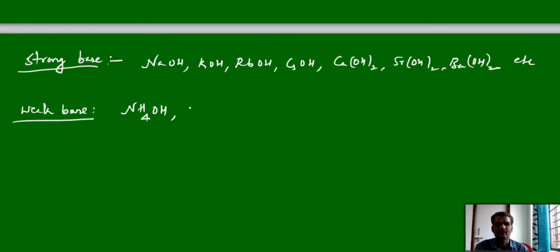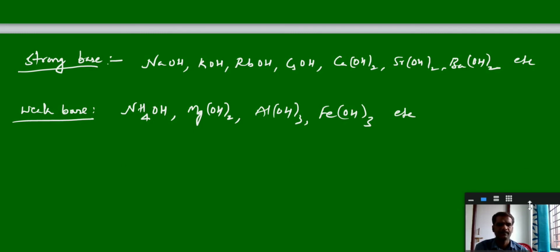Apart from this, you can go with magnesium hydroxide, some other aluminum hydroxide, ferric hydroxide, etc. This comes under weaker bases. So just memory based, you should remember these things. This is about acidity and basicity.